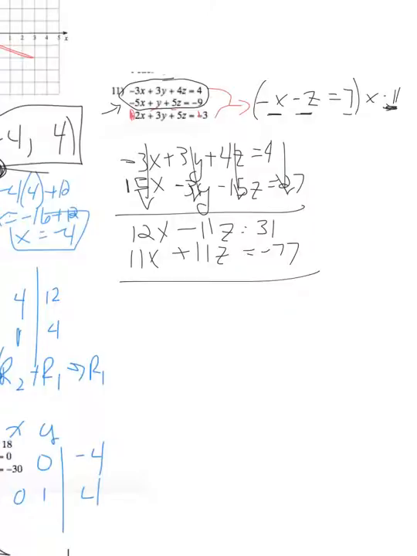Now I'll add these together. So 12 plus 11 is 23x. The z's go away. And negative 31 minus 77 is negative 46. So dividing everybody by 23, we got x equals negative 2.